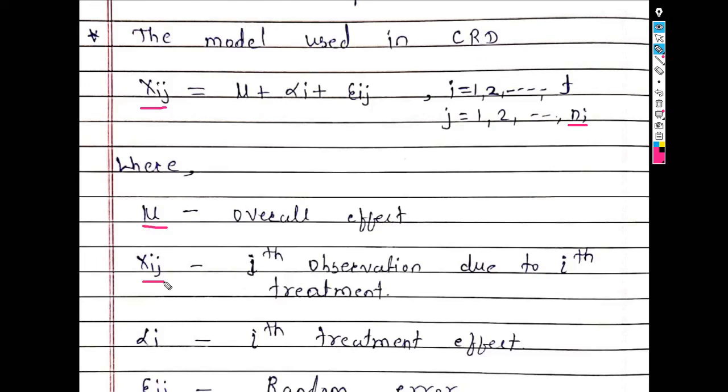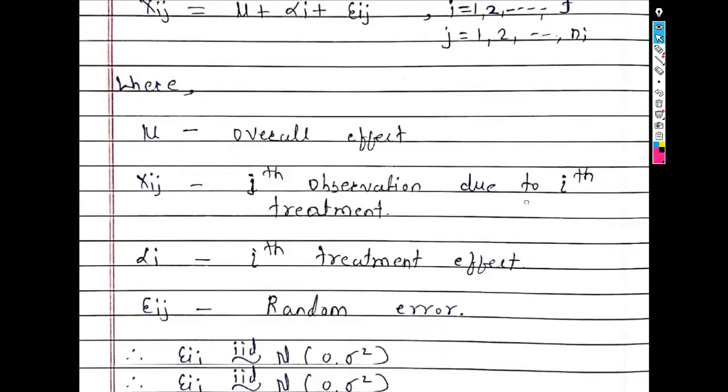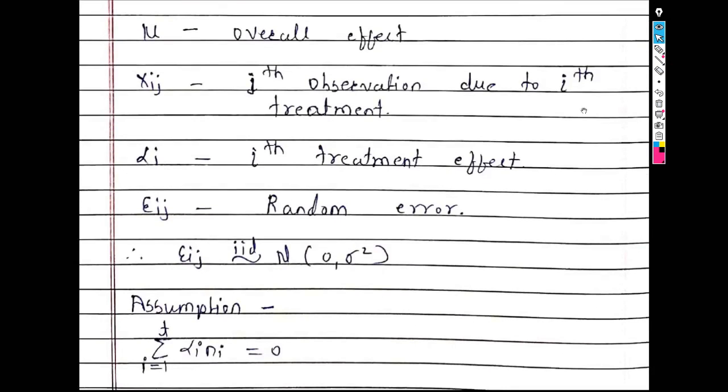Then Xij is the jth observation due to the ith treatment. Alpha i is the ith treatment effect. Then epsilon ij is the random error, and it follows an IID normal distribution with mean 0 and variance sigma square.